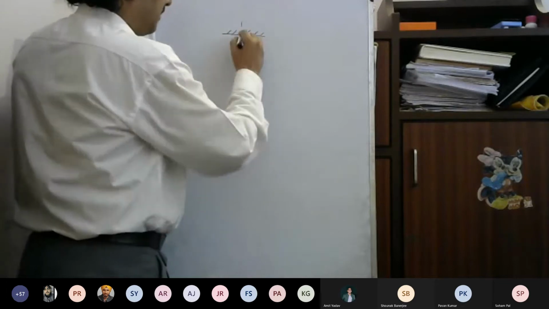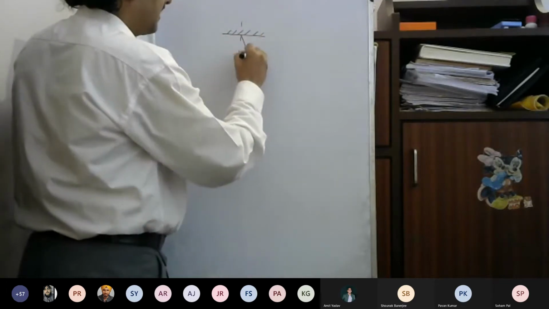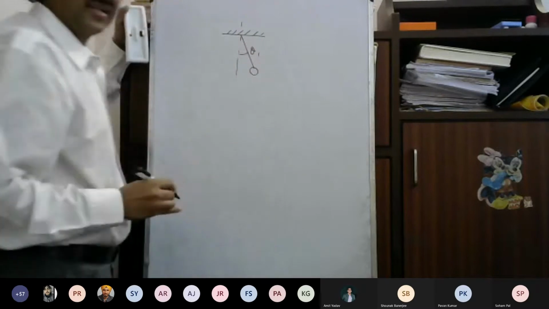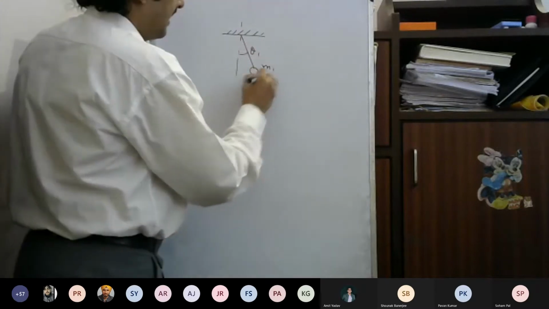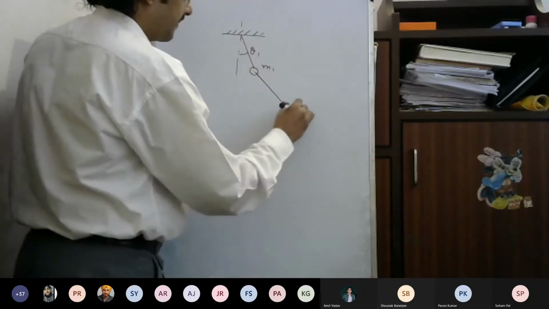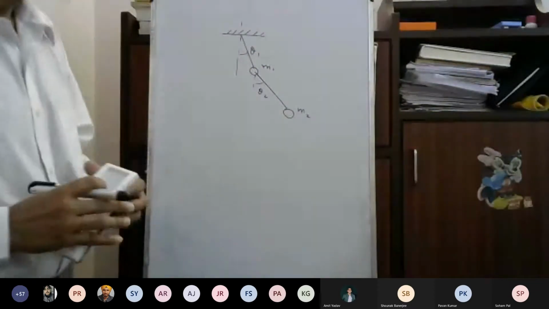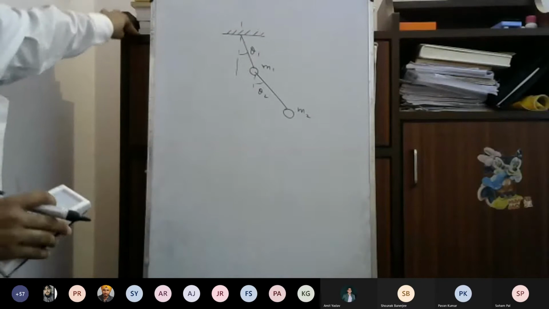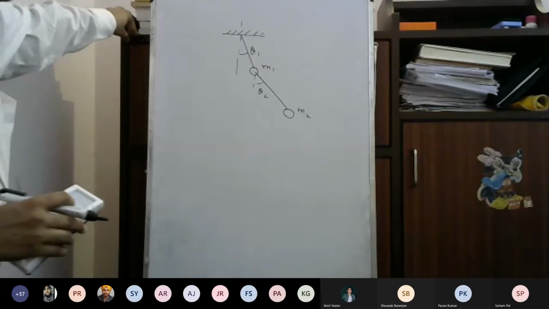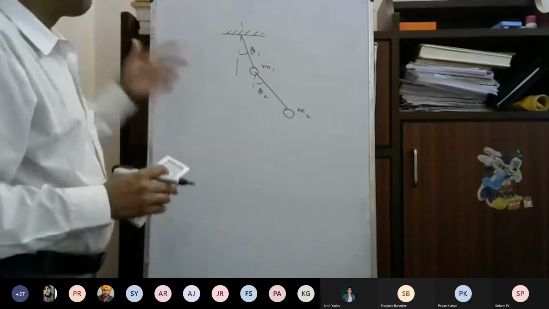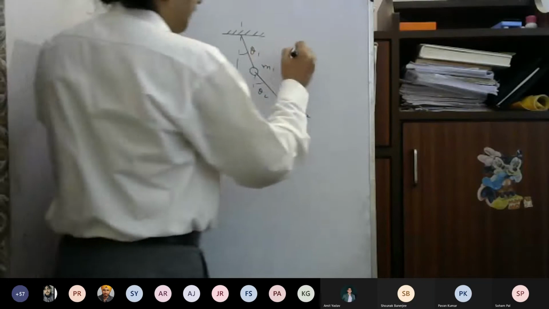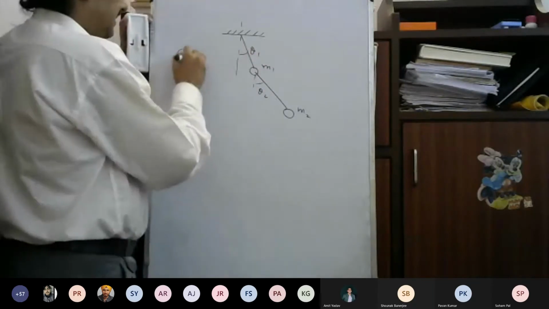Suppose I have a double pendulum. So far we considered a single pendulum; now I will consider a double pendulum here. If you want to write down the equation of motion using Newton's law or the force equation, you have to draw the free body diagram of both the particles.